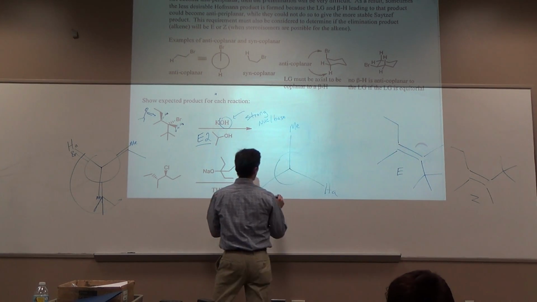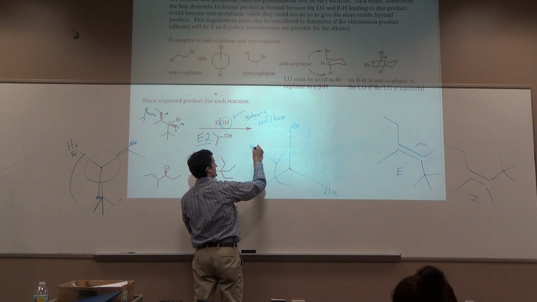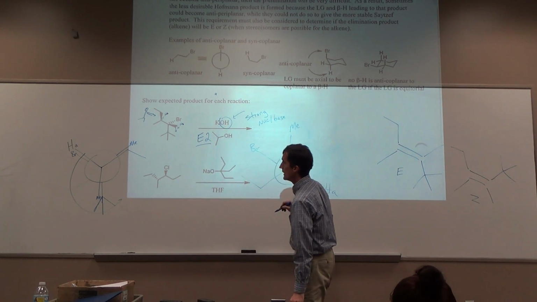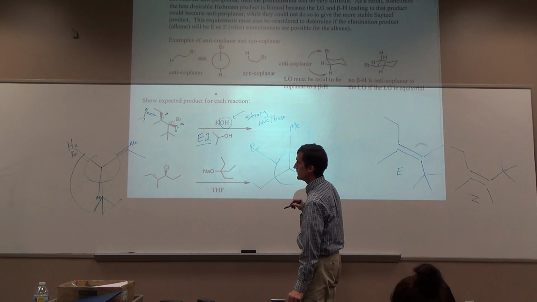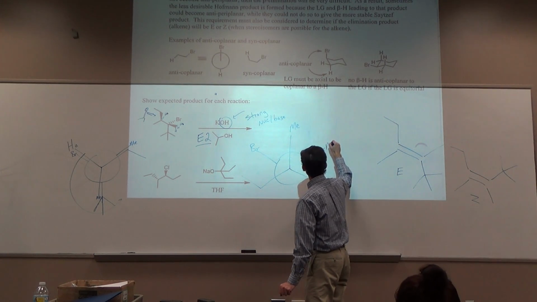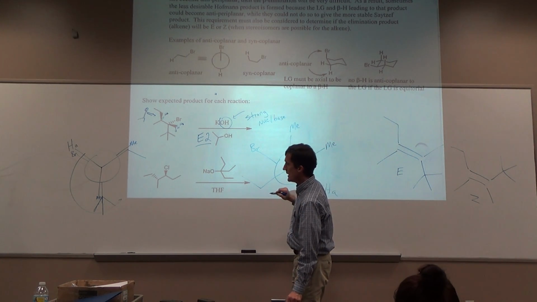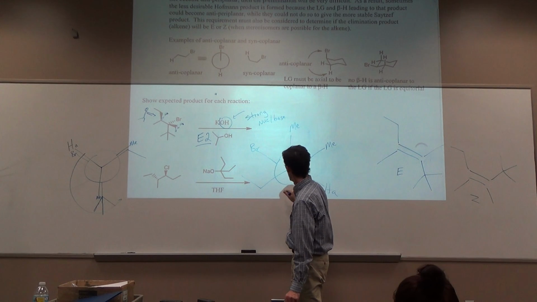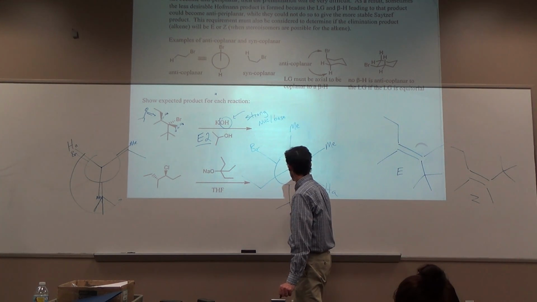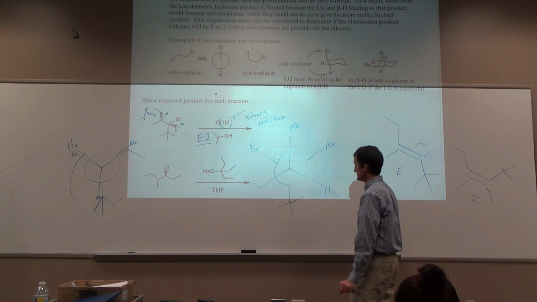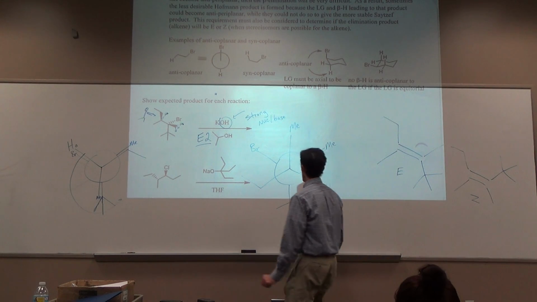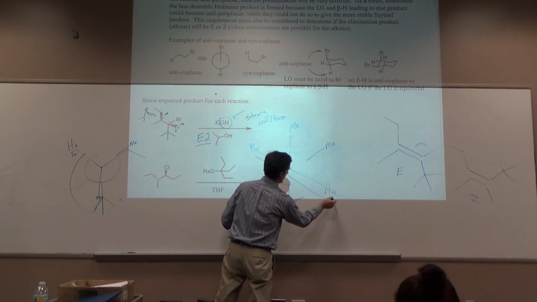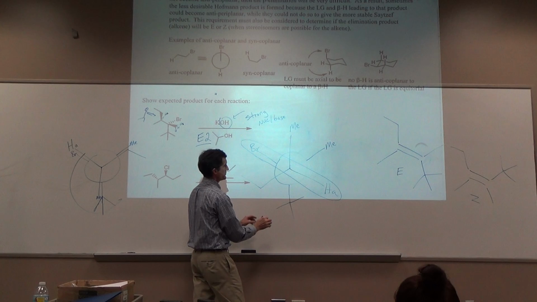The back we're not going to rotate, so the bromine is still here. The methyl on the back is still there. And then what else is on the back? T-butyl. Now the bromine and the H are anticoplanar.